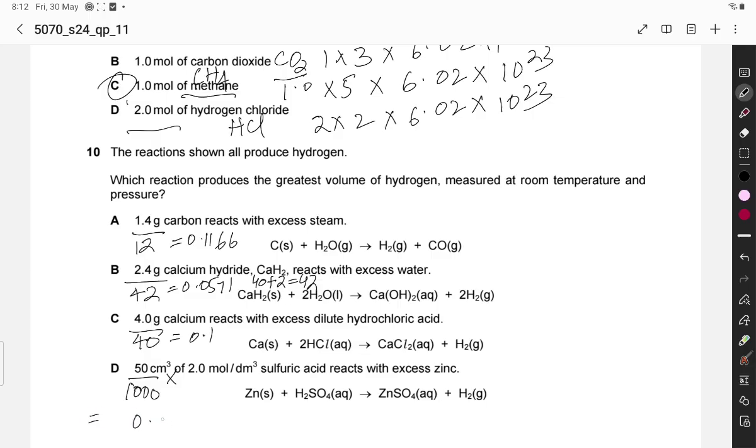This is also 0.1 mole. So the mole ratio is 1:1, 0.1 to x, 0.1 into 24. This is 1:1, so the same, 0.1 into 24.